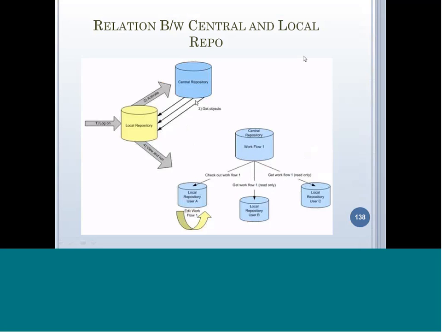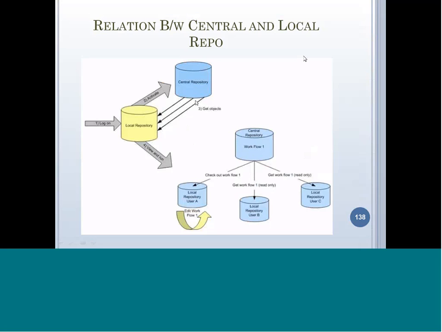Then we have to perform the view and run the job. That is what we can do. It is a 4-step process that describes the relationship between the central and the local repo. Once this activity is completed, our central and local repository are in sync or are connected.